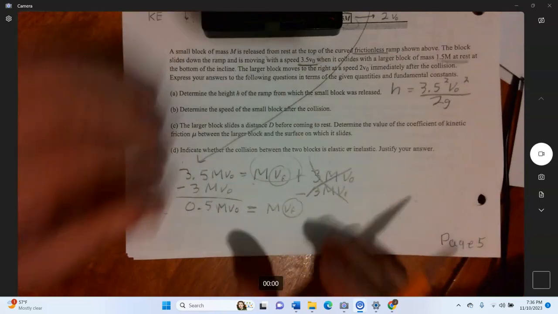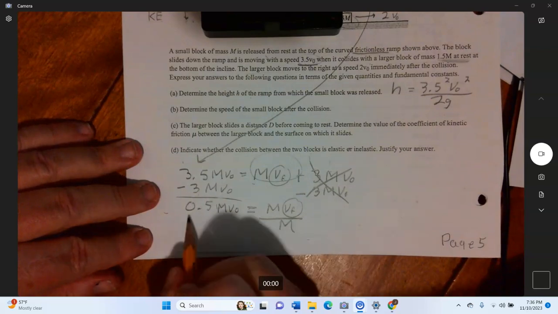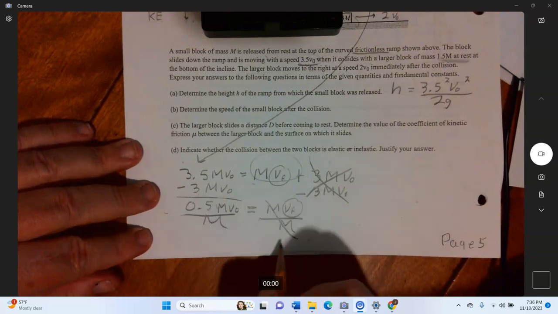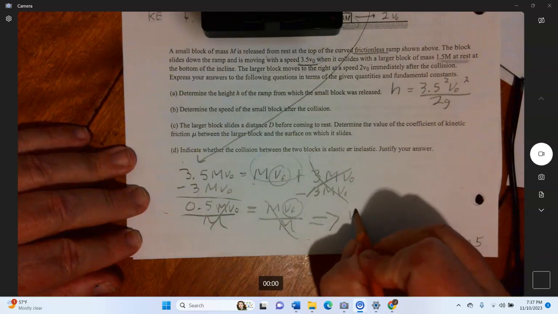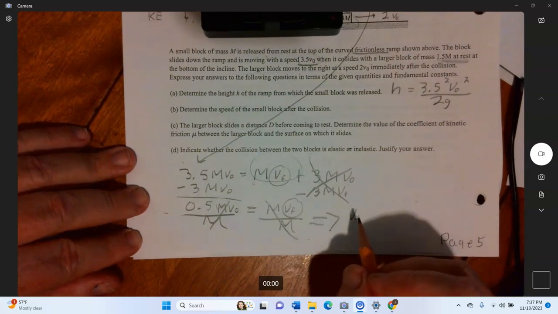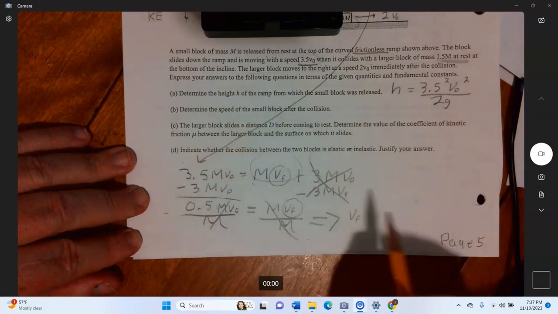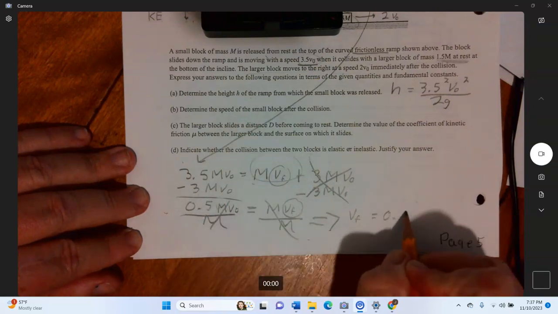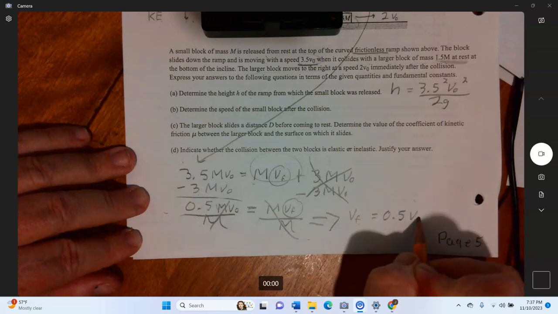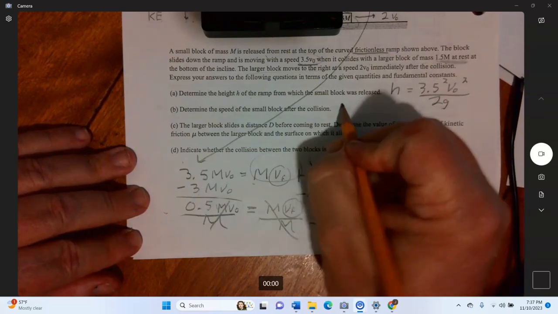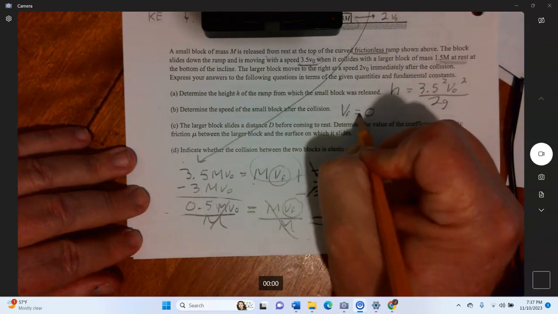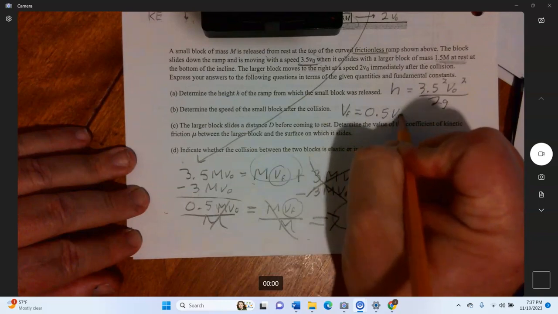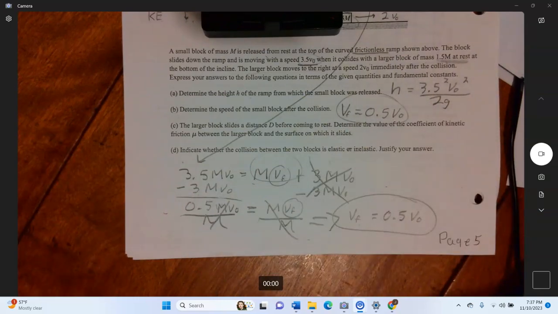So I am going to divide both sides by M. It cancels on this side. It also cancels on this side. So over here, I'm going to write my final answer for part B, that the final velocity of the little block, that's what it was asking for, speed of the small block, equals 0.5 VO. And that's the answer.